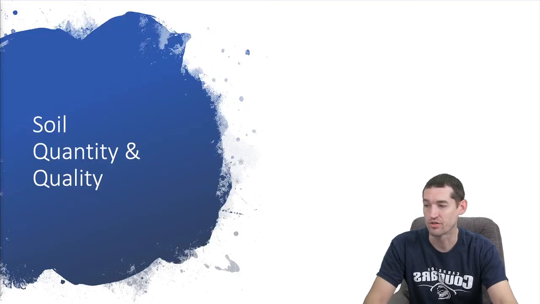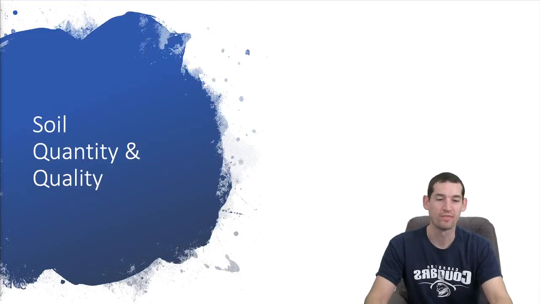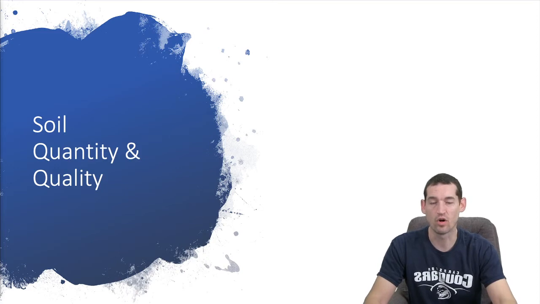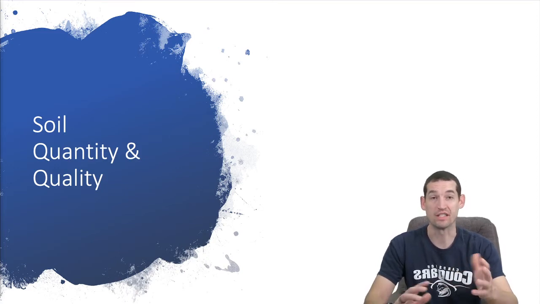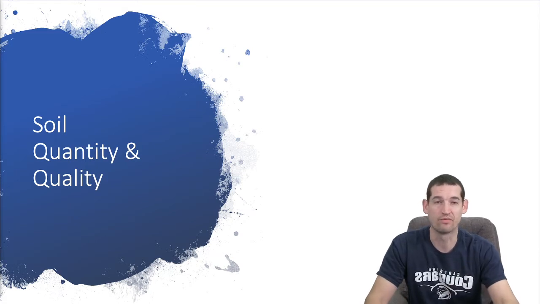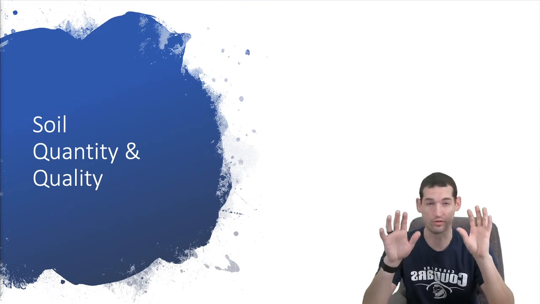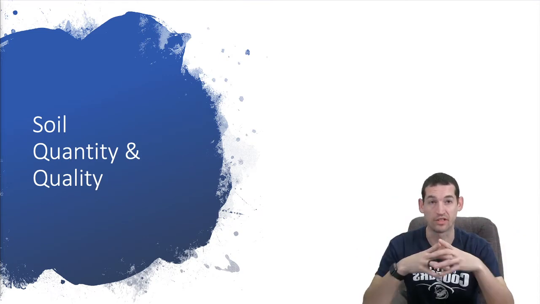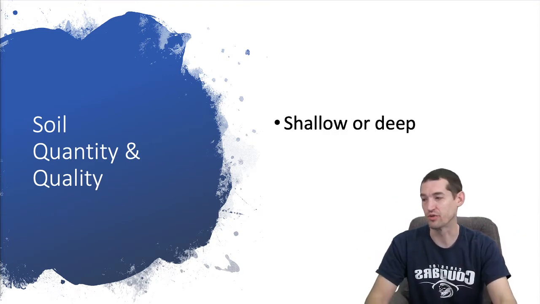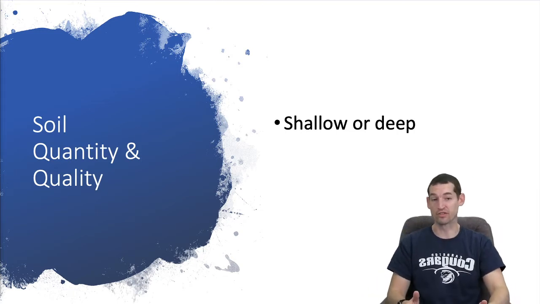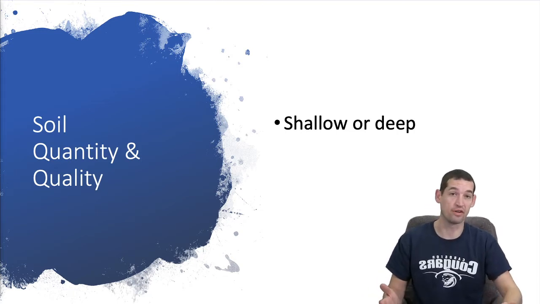And then depending on where you live, these layers can all vary in depth, in quality, and all those kinds of factors. So the other thing to think about with soil is that the quantity and quality of soil of any of these layers can vary even from neighboring fields, from one yard to another, or from one field to the next field, quite a bit. So for example, you may have certain layers that are very shallow or they could be very deep.